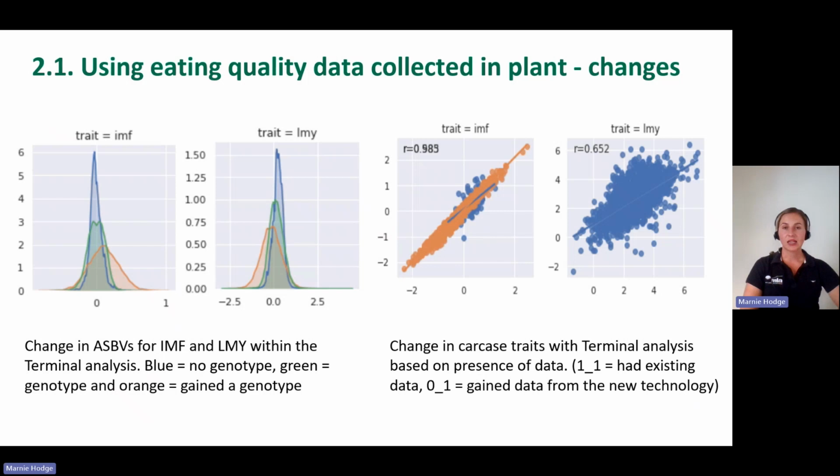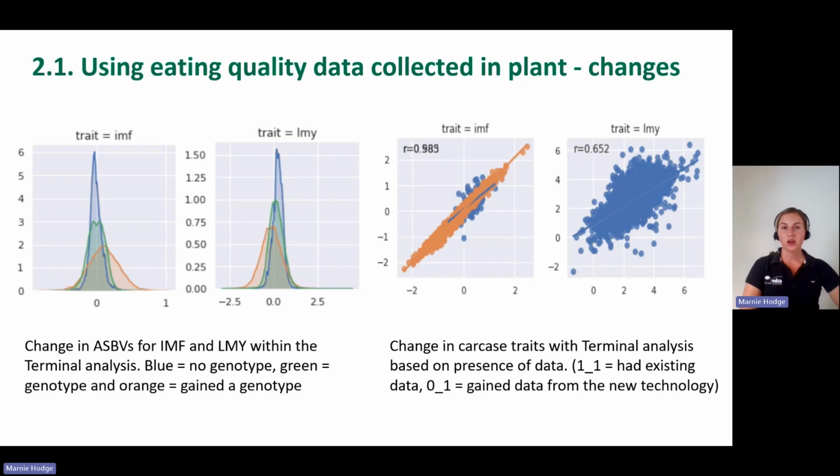So this graph on the right here again has IMF and lean meat yield, and this is changes to breeding values in the terminal analysis again based on the presence of data. So where there has been pre-existing data in the analysis versus where there's been addition of new information essentially through the collection of MEQ and SOMA IMF as well as DEXA lean meat yield.